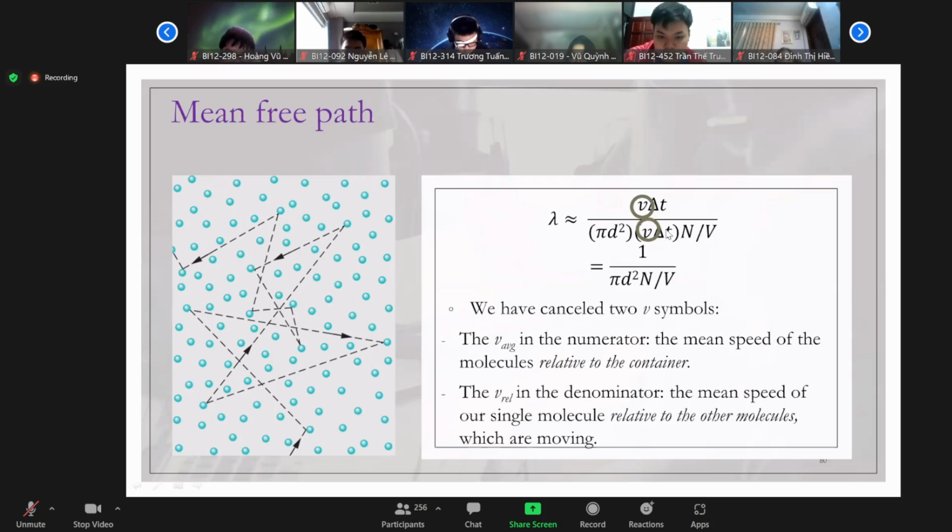Meanwhile, when we talk about the number of collisions, the speed here is the mean speed of our single molecule relative to the other molecules.